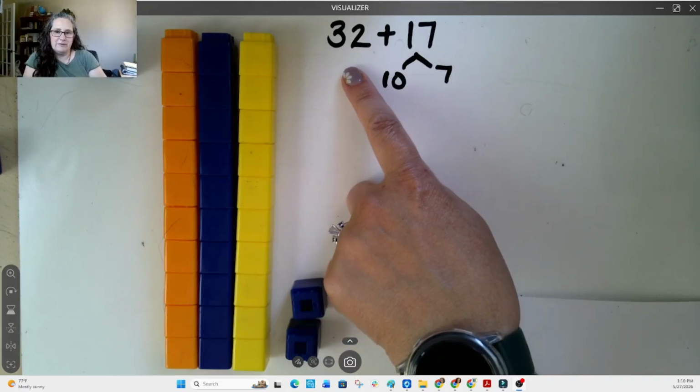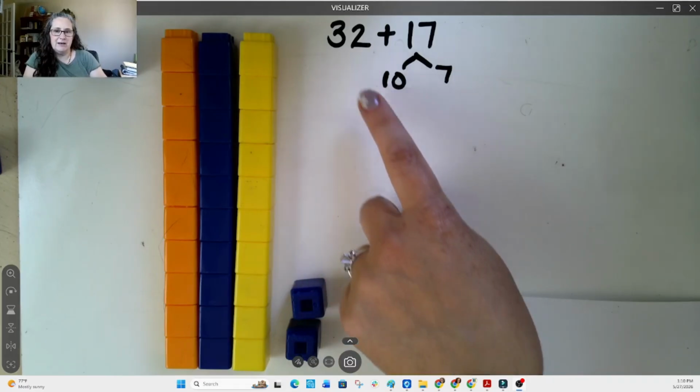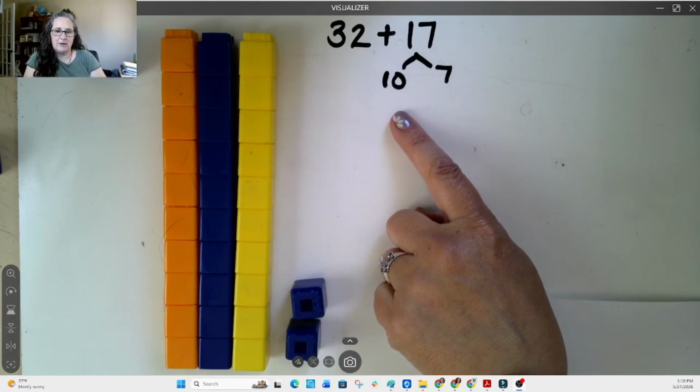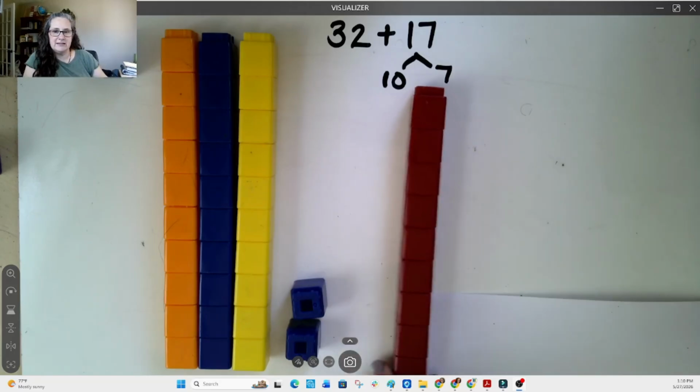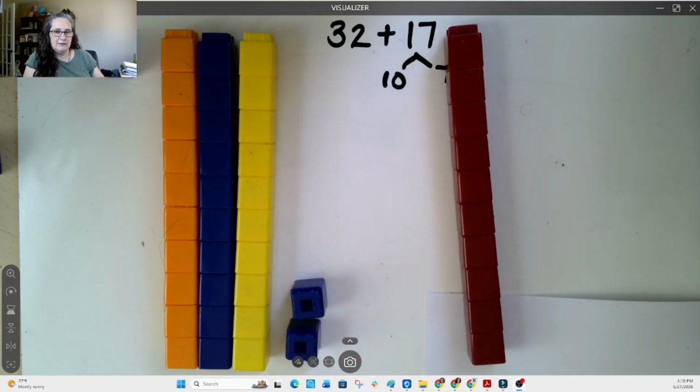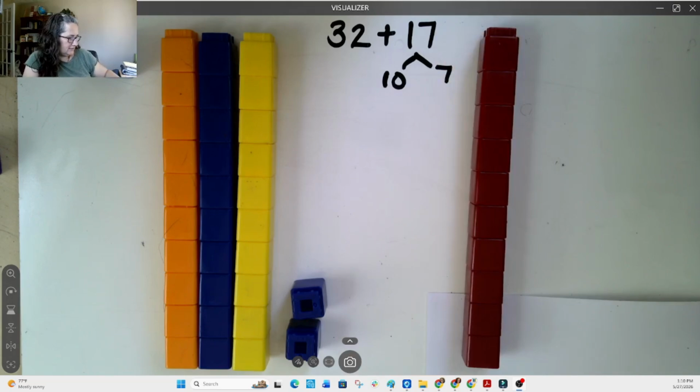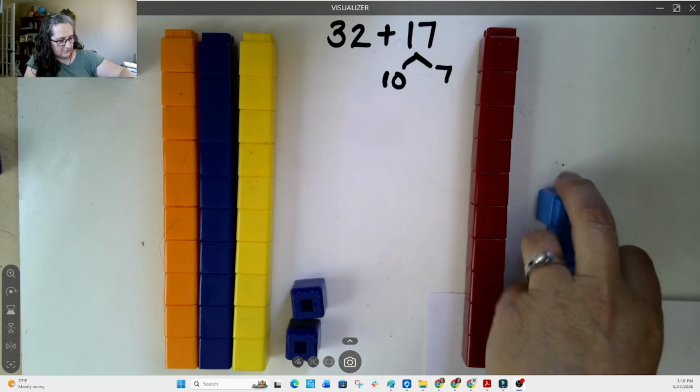Now that I've built my first addend, 32, I'm going to add on my second addend by place value unit. My first unit is the tens, so I'm going to add 17, which is made of 1 ten and 7 ones.